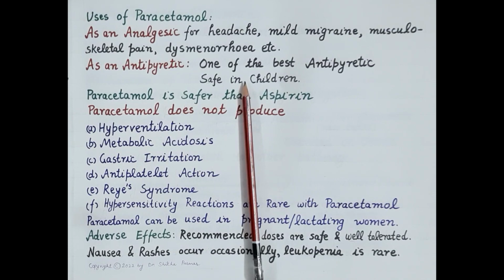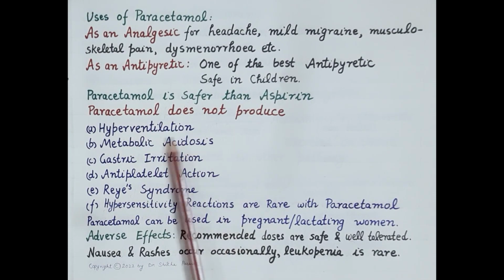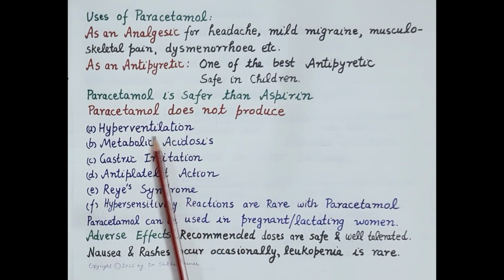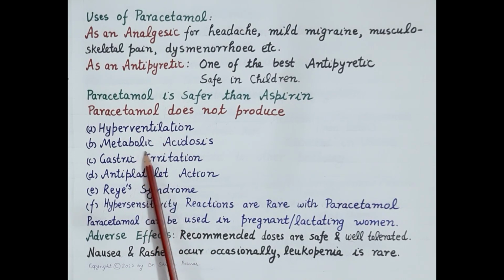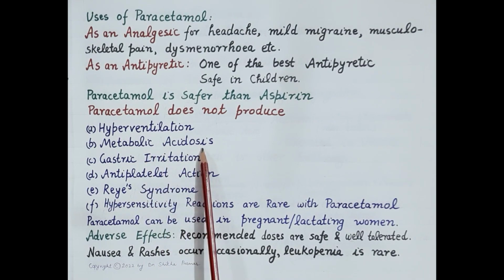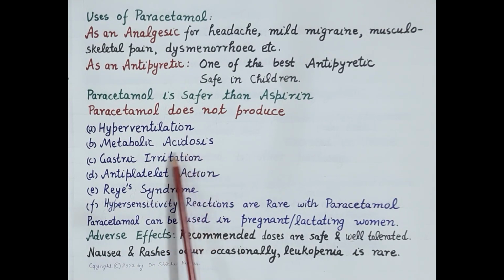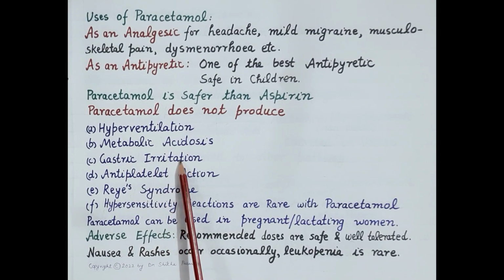Unlike aspirin, paracetamol does not produce hyperventilation. That is, paracetamol does not produce respiratory stimulation and hyperventilation that causes respiratory alkalosis. Paracetamol does not produce metabolic acidosis. Paracetamol causes insignificant gastric irritation and thus there is no risk of peptic ulcer.